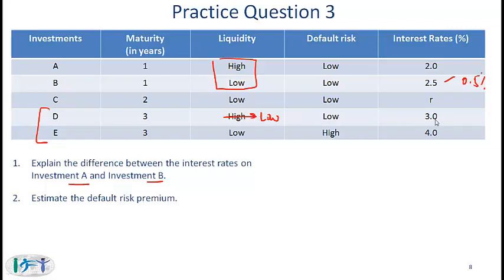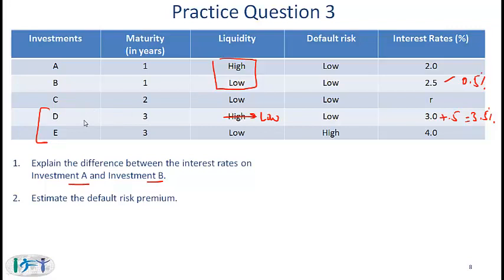Will that change the interest rate? The answer is yes. If the liquidity becomes low, then investors will require a higher return. And we've already determined that the liquidity premium is 0.5%. So we add 0.5% and we have 3.5% as our return.